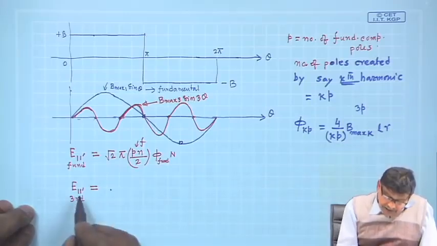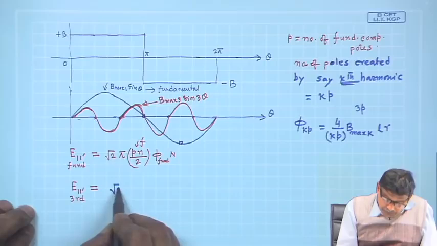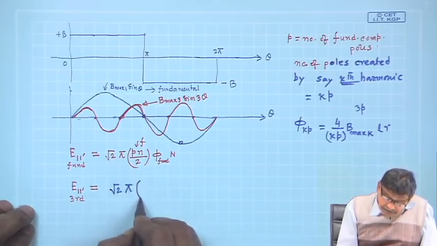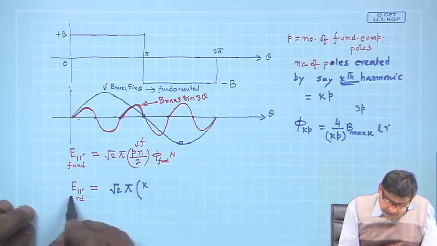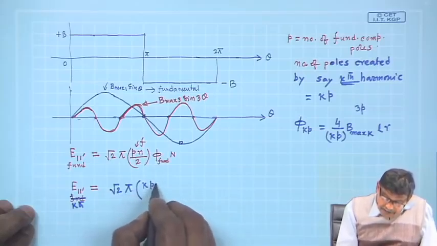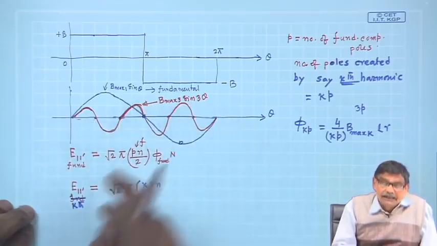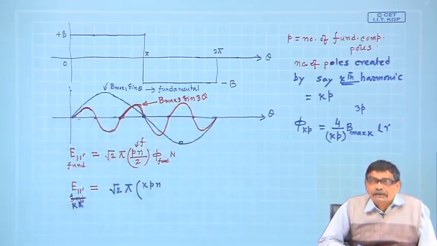Therefore, E11 dash for the third harmonic component will be root 2 pi, wherever P is there it should be Kp. In fact it is the kth harmonic in general, root 2 pi Kp n, because the number of poles for this particular kth harmonic has increased by Kp.